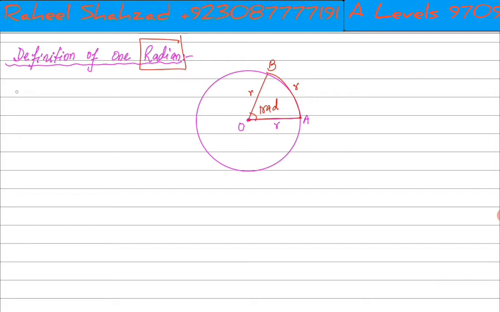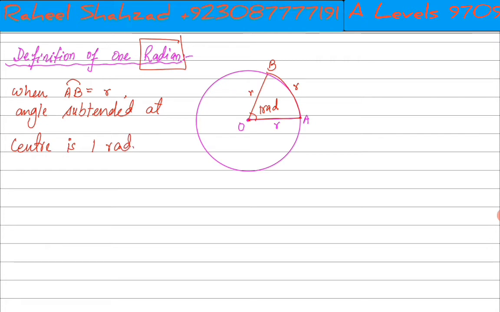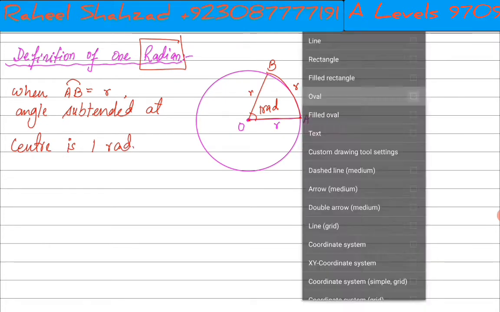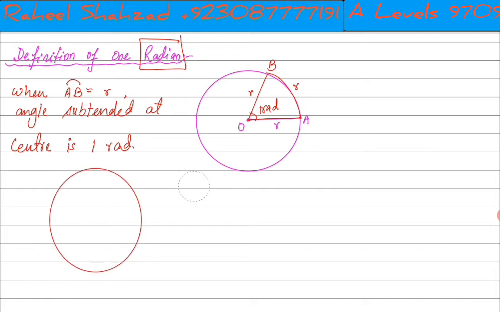So when arc AB becomes equal to the radius, the angle subtended at the center is 1 radian. Let's discuss a couple more examples.